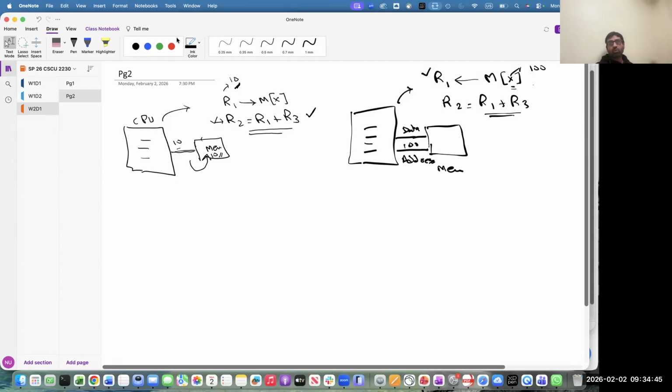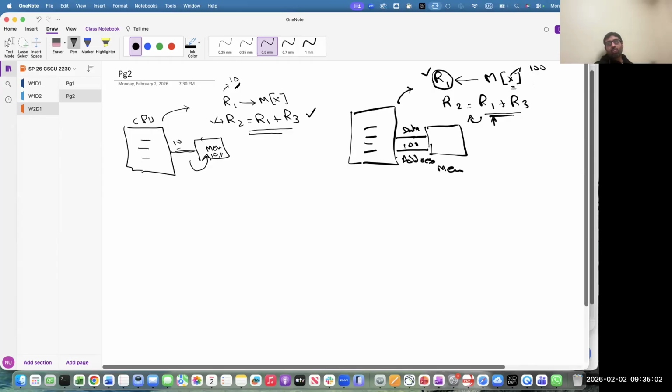Yes, it has to wait. Why? Because the execution of the next instruction needs the data to become available from memory and be placed in register R1, and only after that can it use that result to do the addition and put the result in R2.